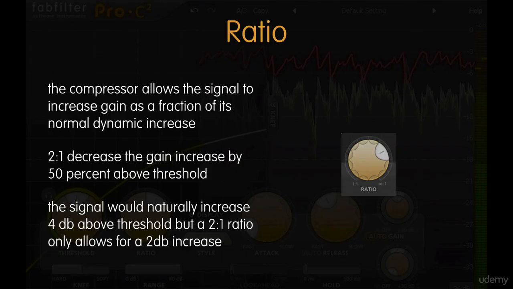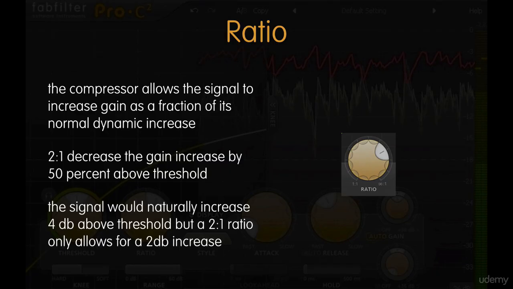A 1.5 to 1 or a 3 to 2 is typically the lowest ratio. Then we move to 2 to 1, which decreases the increase in gain above the threshold by 50%, and it's a light ratio. It can still be quite transparent, and it still keeps quite a bit of the dynamics.